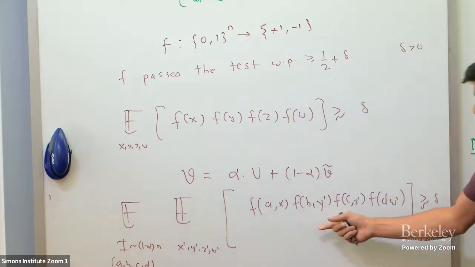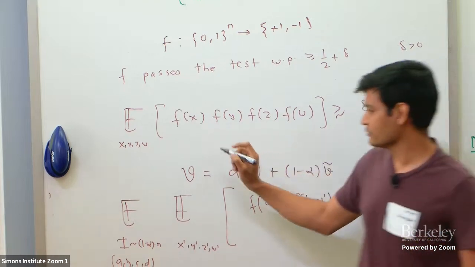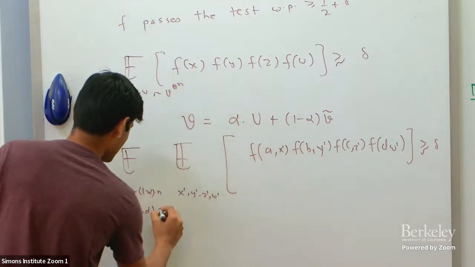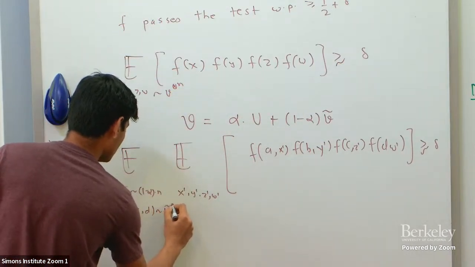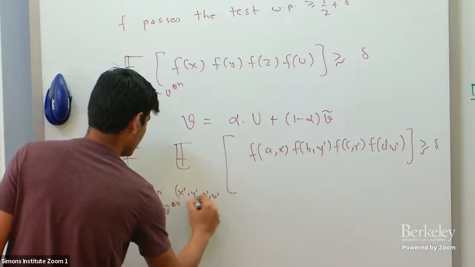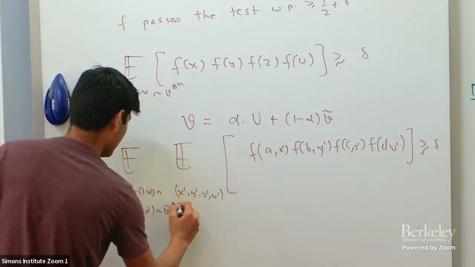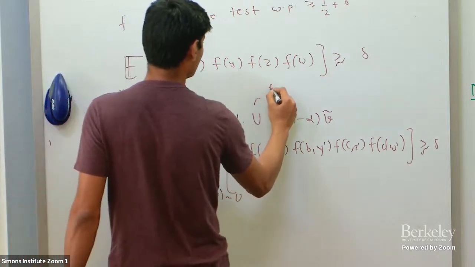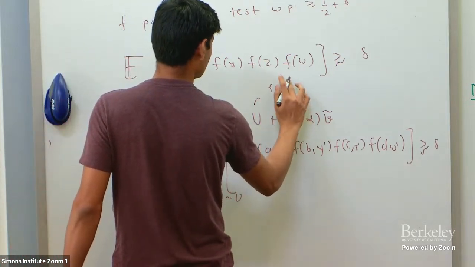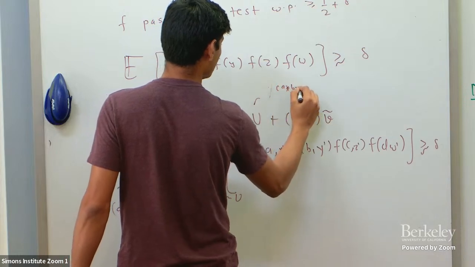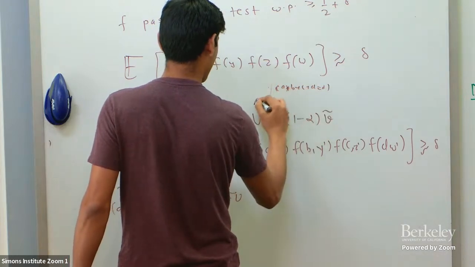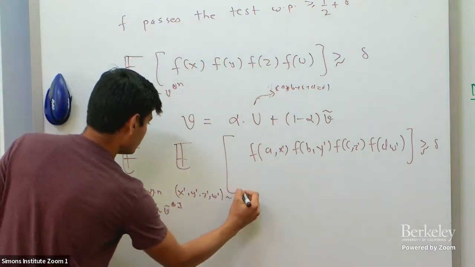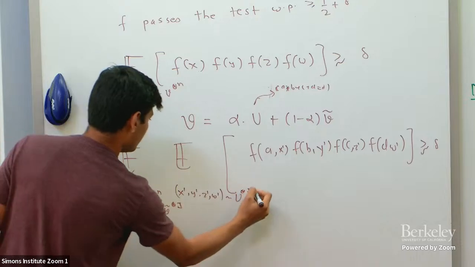So I didn't really do anything, I just changed the notation. Here it was according to nu tensor n. So the a, b, c, d are according to nu tilde tensor |I|, and these are according to the uniform distribution over a plus b plus c plus d equal to 0.